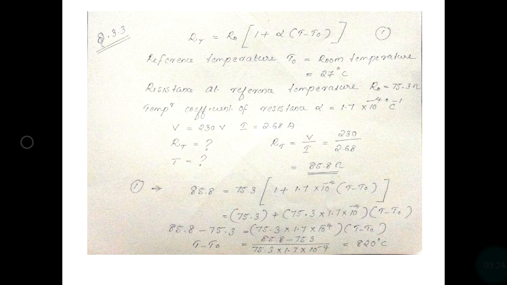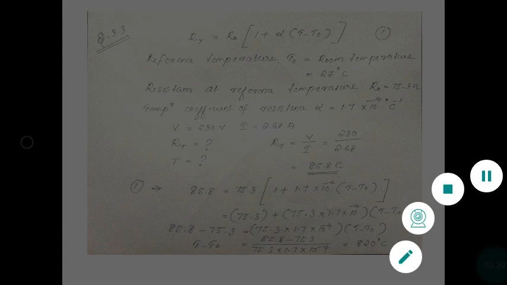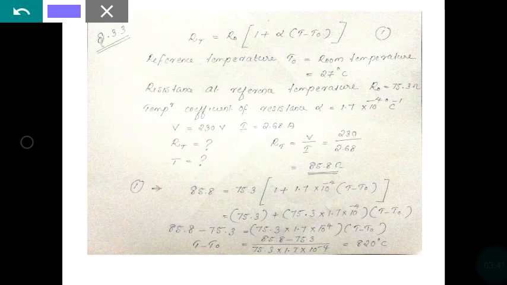Therefore, first we have to find out the resistance RT when the current is flowing. Here the voltage and current both are given. Voltage V is equal to 230 volt and current I is equal to 2.68 ampere. Therefore, when current is flowing, the resistance of the material RT is found using Ohm's law.